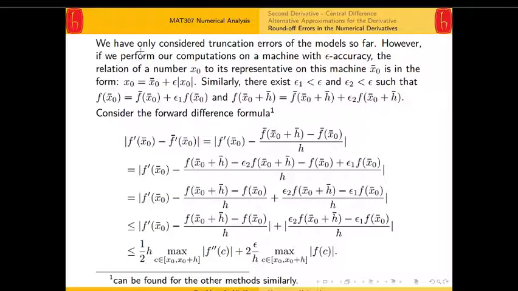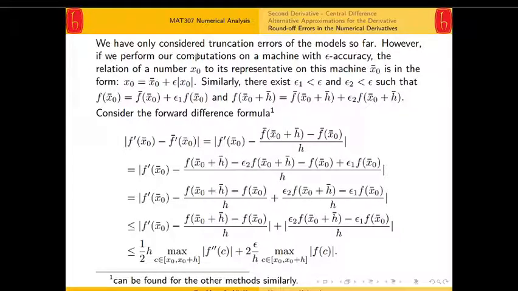Next, we talk about round-off errors in the numerical derivatives. We have only considered truncation error of the model so far. We used Taylor series expansion, and then we truncate the expansion at some point and say, okay, this is the truncation error, and we obtain this much error out of these approximations.